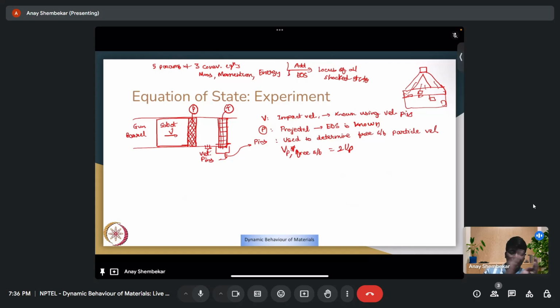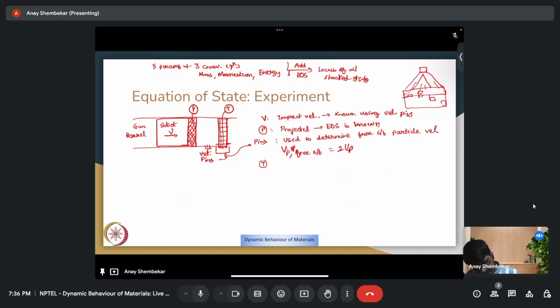So when those two waves come together at the free surface, they come together in the same phase, resulting in twice as much particle velocity as you would see in the incident wave. Because we are measuring at the free surface, whatever velocity we get is actually twice the particle velocity due to only the incident wave.